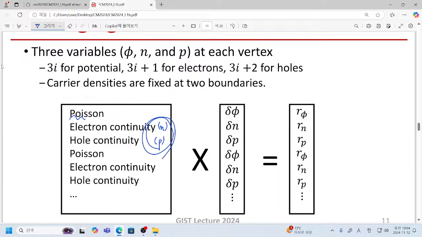Also, you will include the Poisson equation in your system too, so you can generate a grand system.